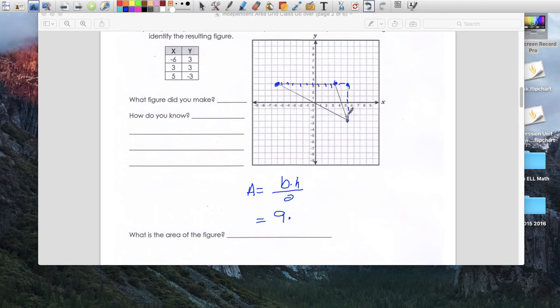So that's your height: 1, 2, 3, 4, 5, 6. Height is never a diagonal line. It's a straight line. So if you were over here and you drew a line all the way up, that'll be your height. So 9 times 6 is 54, divided by 2 is 27 units squared.